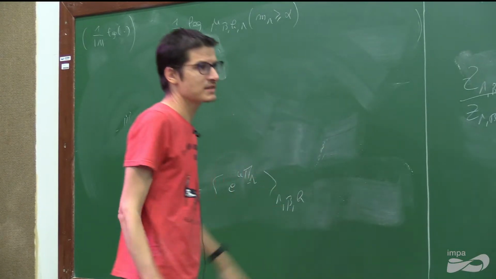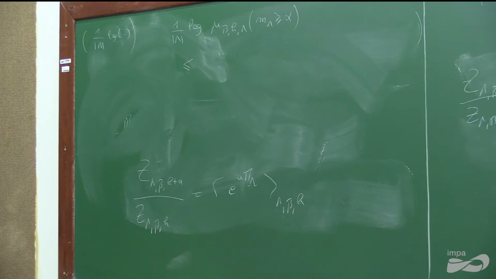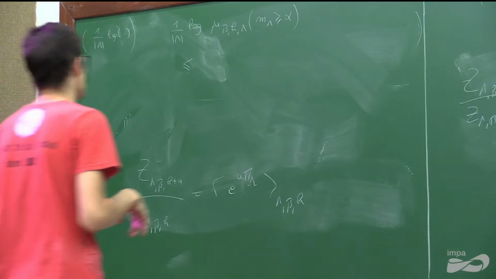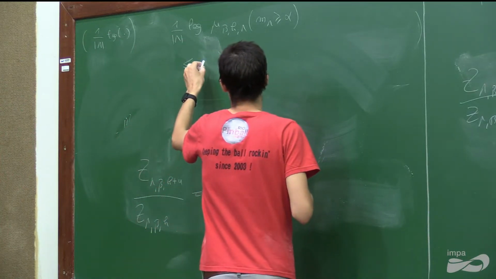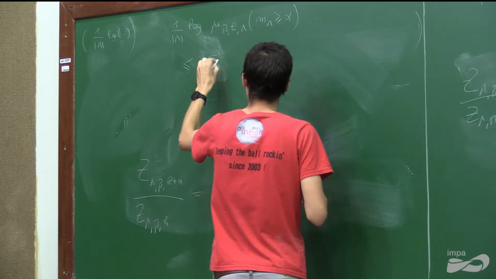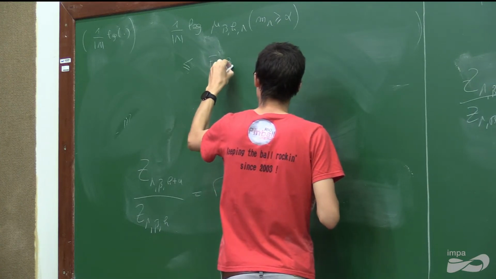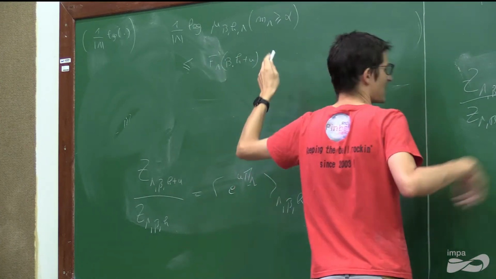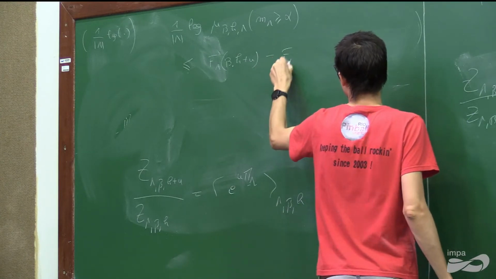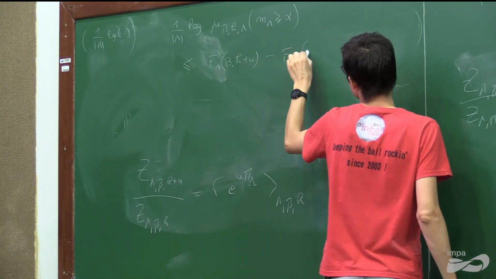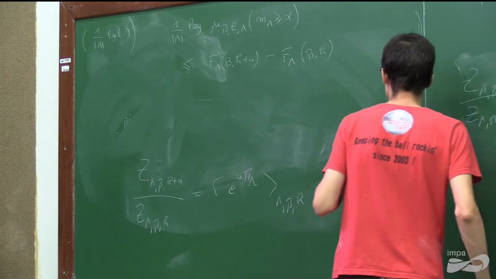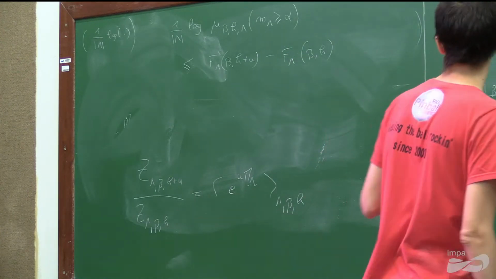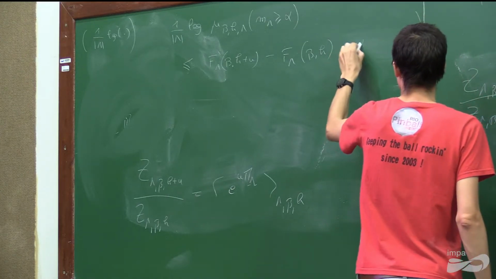Then the first thing I get is 1 over lambda log Z h plus u. So this is exactly f lambda beta h plus u. The second thing I get in the denominator is the same thing with a minus and h instead of h plus u. And then I get minus alpha u.